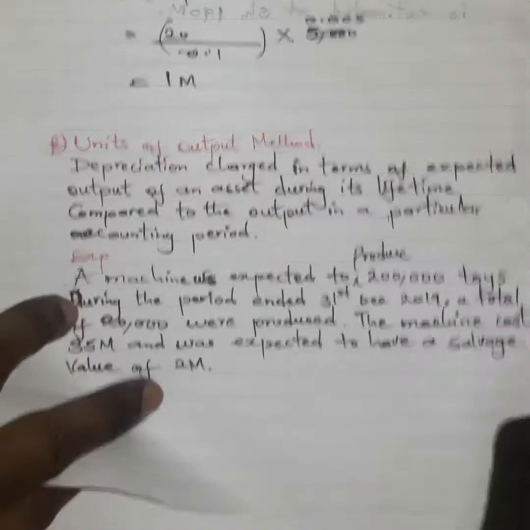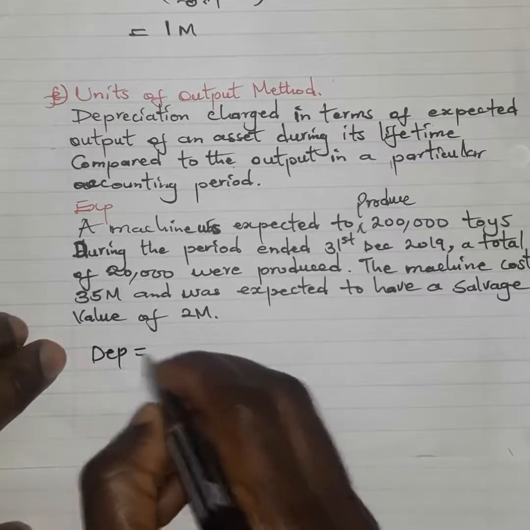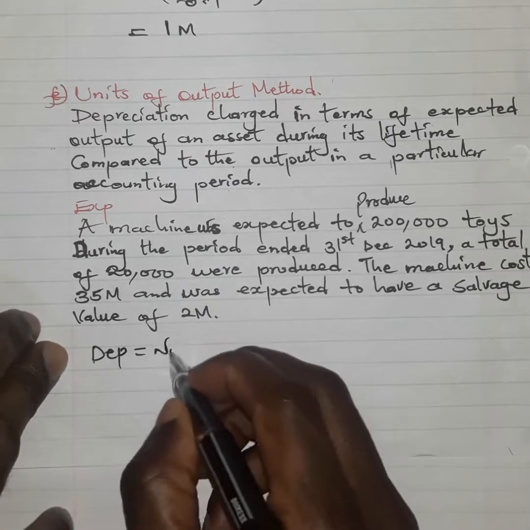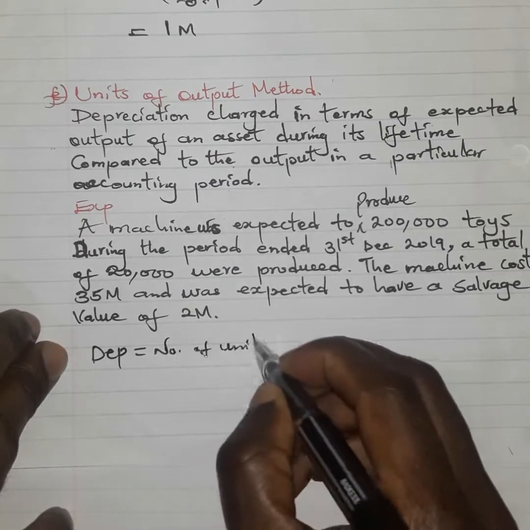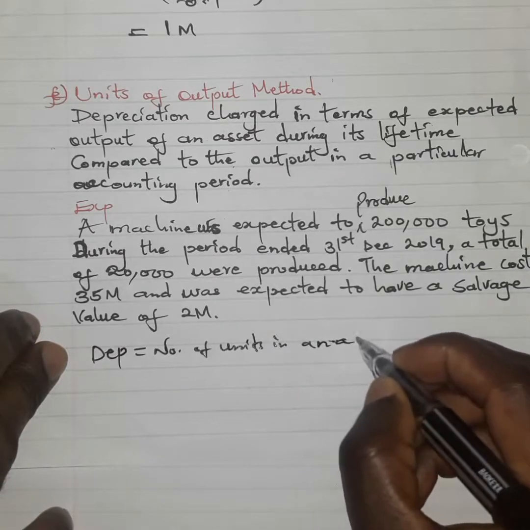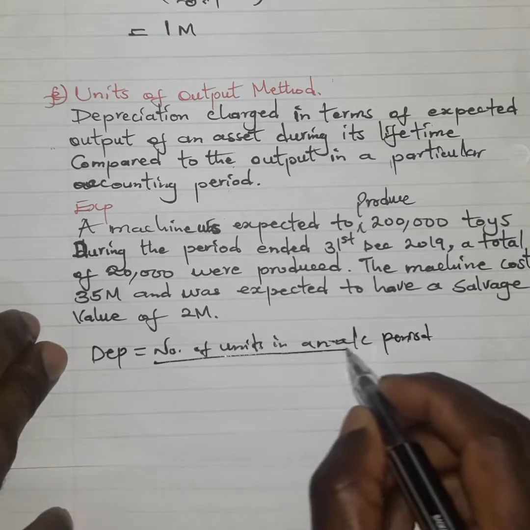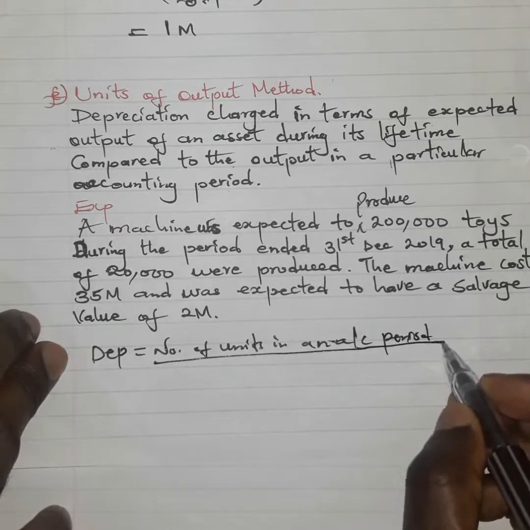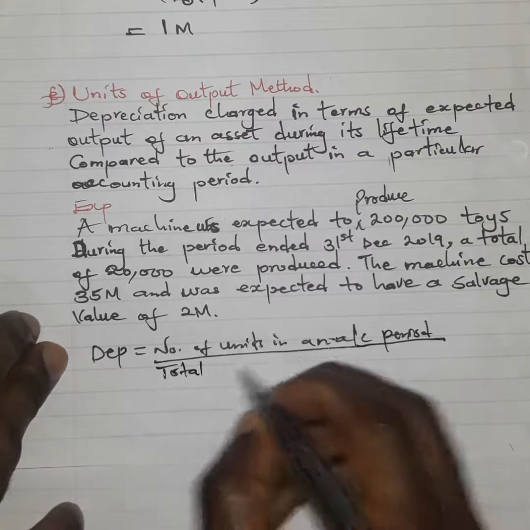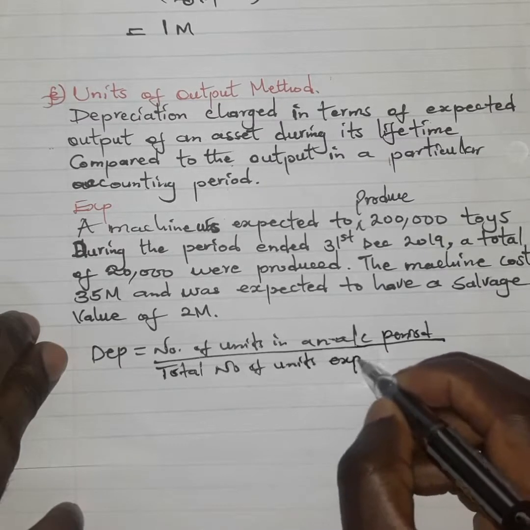And it means that for us to get depreciation using this method, we are supposed to divide the number of units in an accounting period by the total number of units expected.